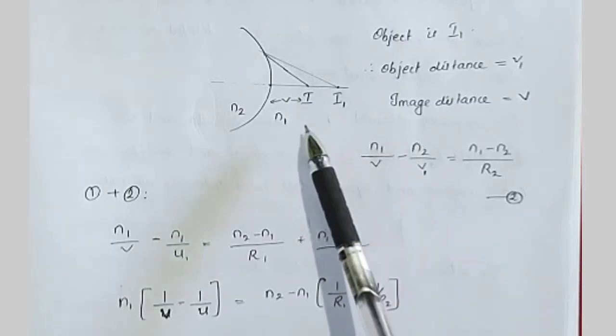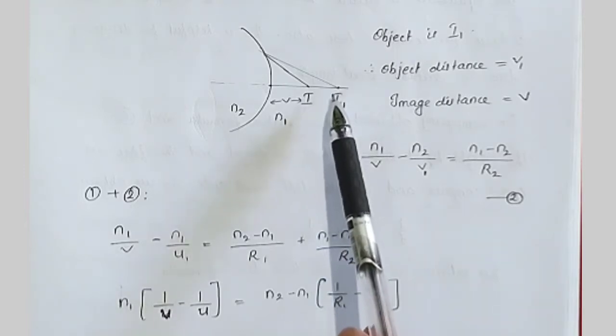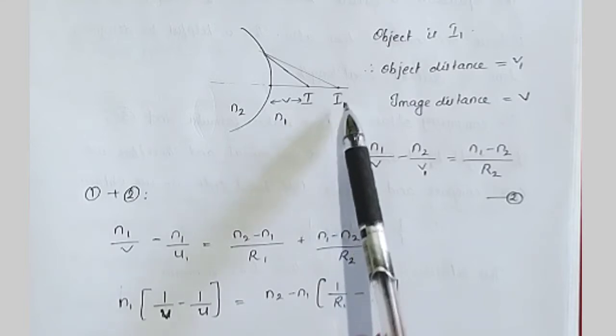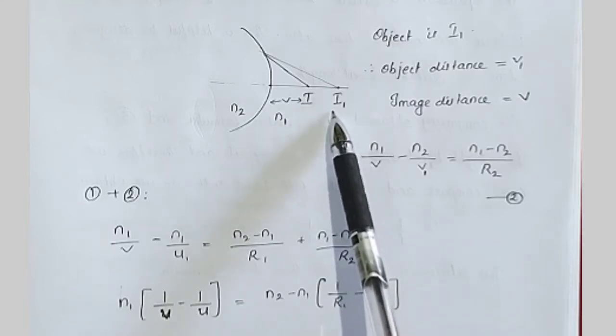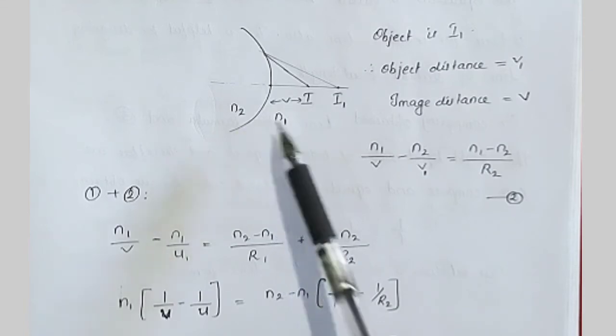Now the important thing that we have to understand here is that the image obtained from the first spherical surface of our lens, I1, now acts as a virtual object for the second spherical surface of our lens.